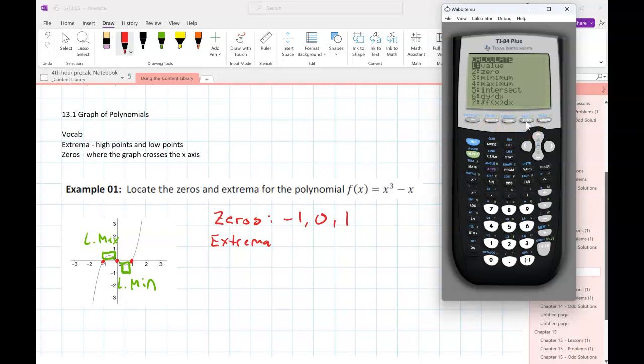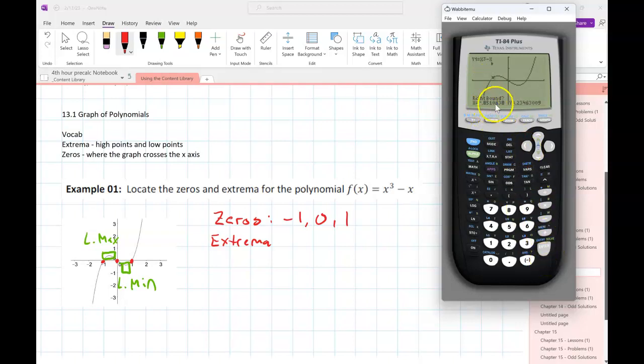And from this list of commands, what sounds like the one that I'm going to be interested in? The maximum command, because we're looking for a local maximum right now. The maximum command is going to ask us 3 questions. It's going to ask first for a left bound. So to give it a left bound, I'm just going to move my cursor so that it's on the left side of that local maximum. That looks good right there.